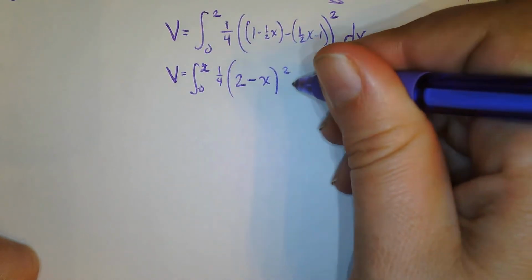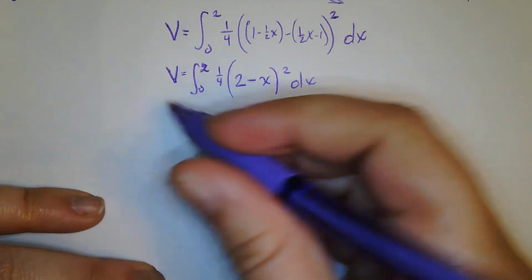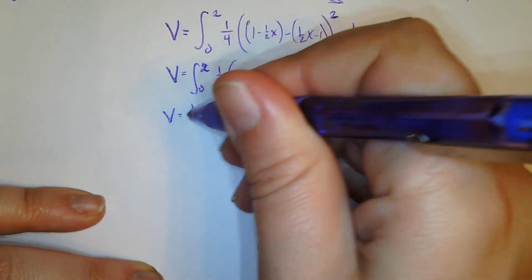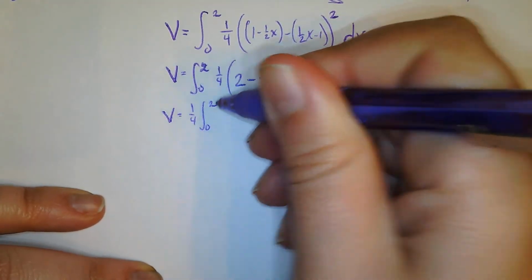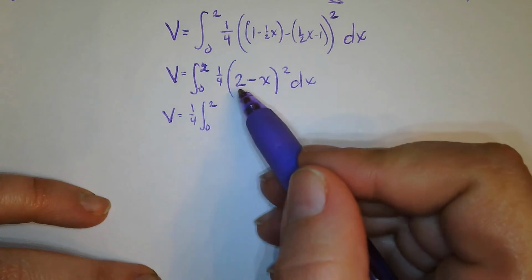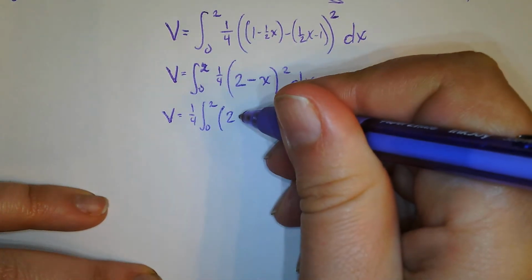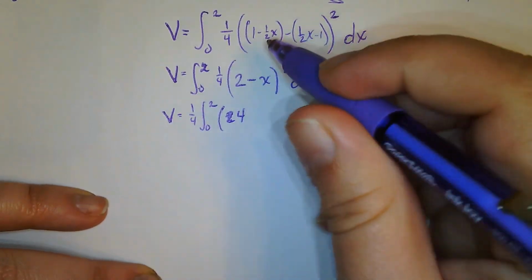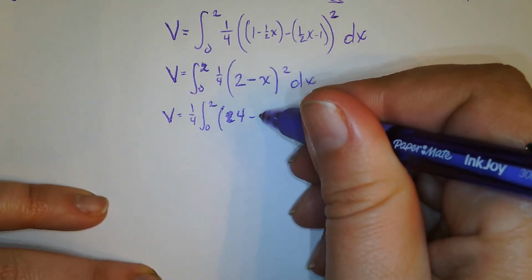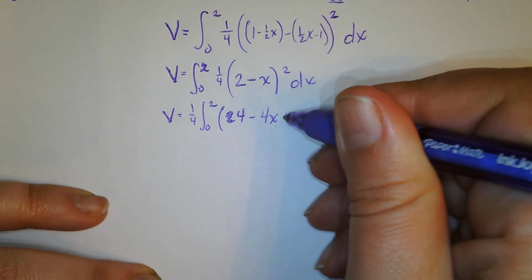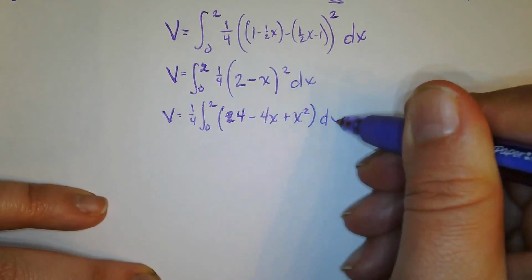So we have 2 minus x, squared, dx. Let's pull the 1/4 out, from 0 to 2. Let's FOIL that out: 4 minus 4x plus x squared dx.